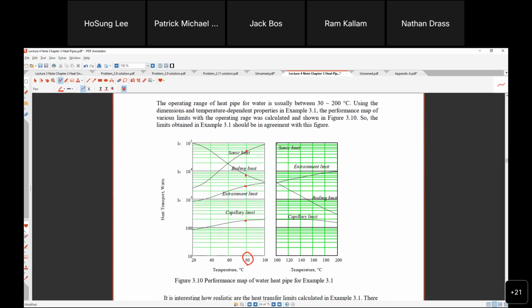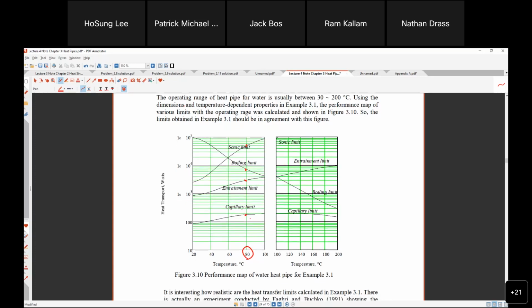If we decrease or increase the temperature, the limitation will change. Interesting. I just plotted it based on the temperature. Anyhow, this is calculated.